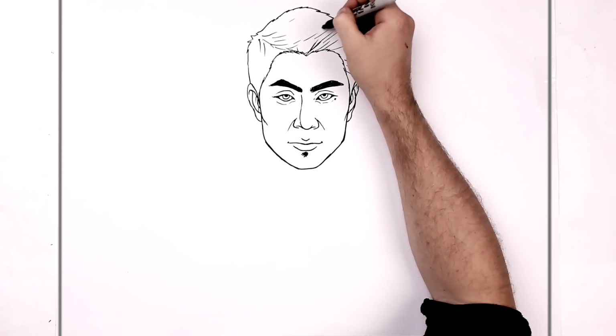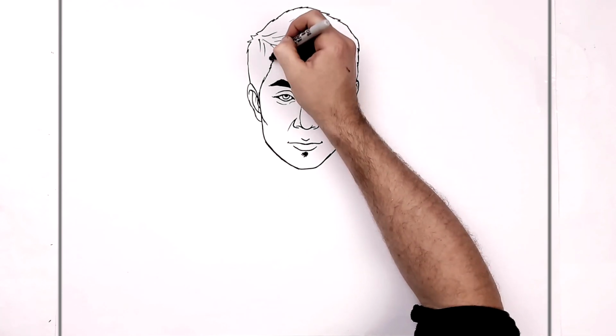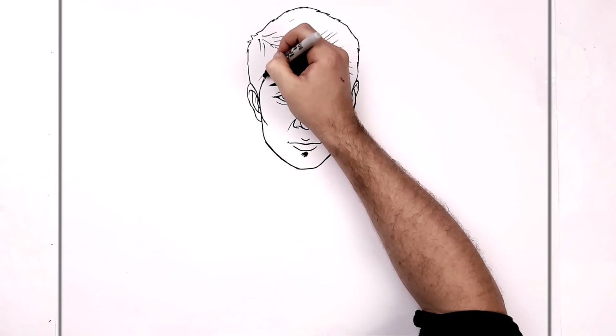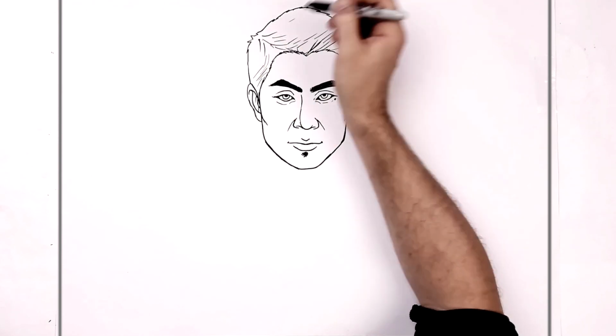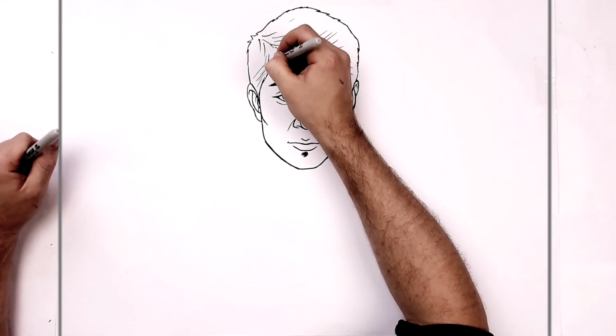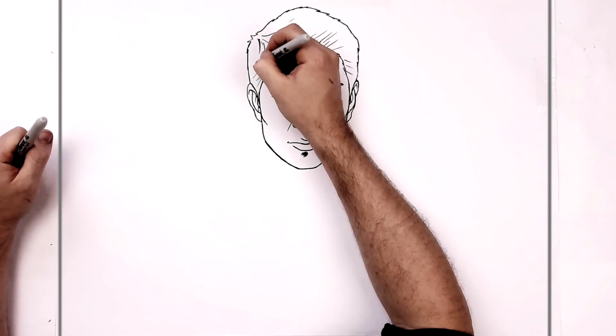This kind of thing, just for a fringe area there. And then down his head, sort of that way, but you can add as much of that texture as you want. It doesn't have to be too detailed.